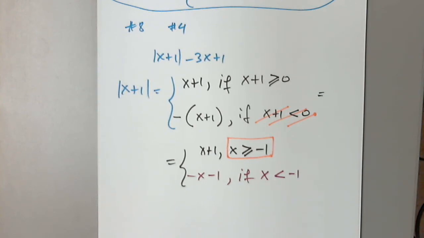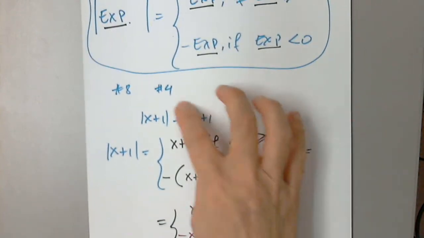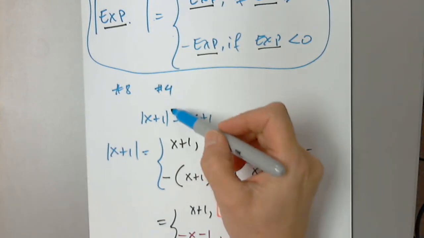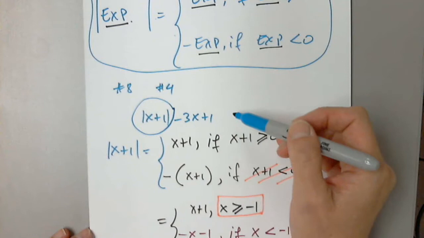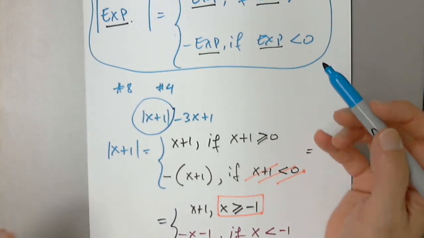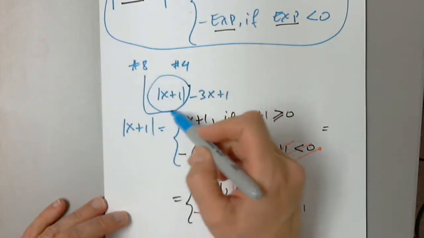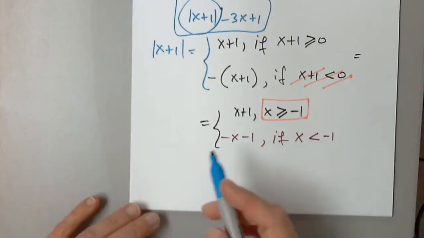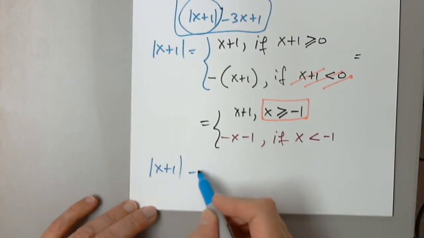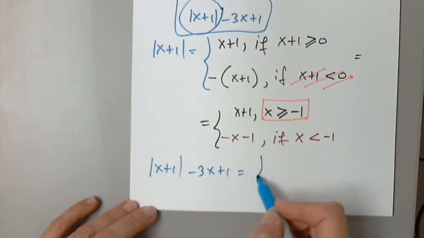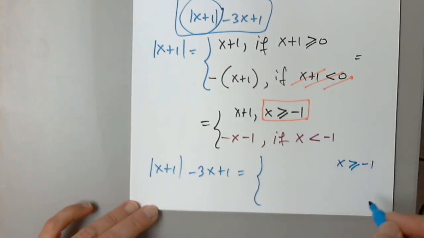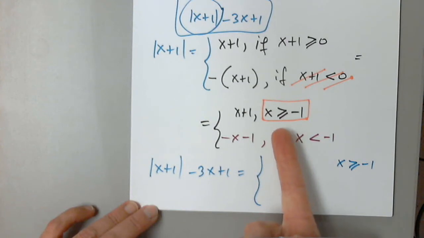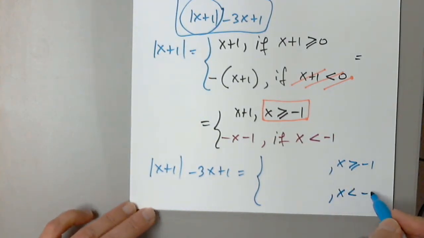Okay, so from our expression, we only simplified this piece. But there is nothing else I can simplify because negative 3x plus 1 is negative 3x plus 1. So now let's write this whole expression one more time. The absolute value of x plus 1 minus 3x plus 1 has two different options. Obviously, one option for x greater than negative 1 and the other option for x less than negative 1.